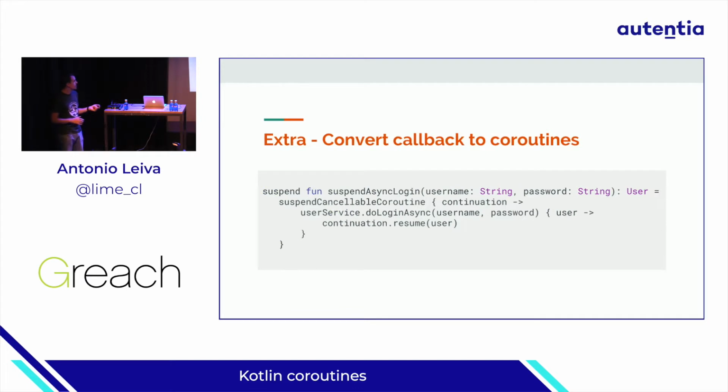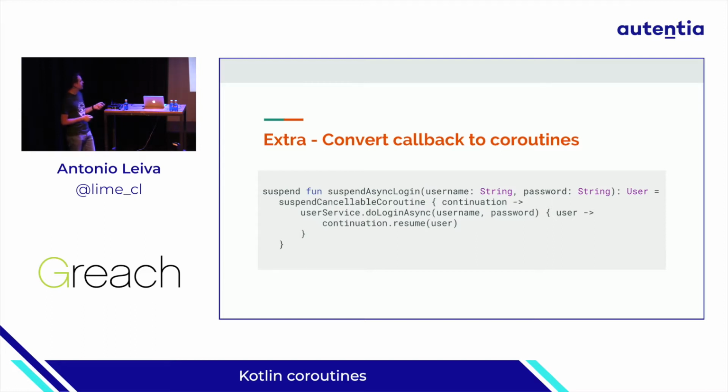And one last point is that if we are using an API that is used in the old way, not already prepared to use coroutines, we can anyway keep using it, because we can wrap those APIs to start using suspending functions, and that way we can use any library that we already have in the coroutines and use it in the new way.